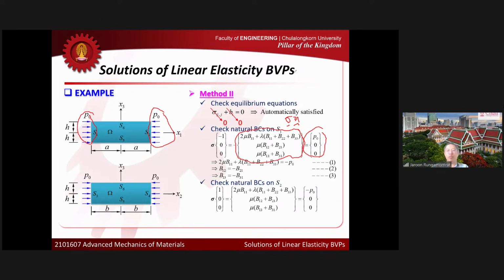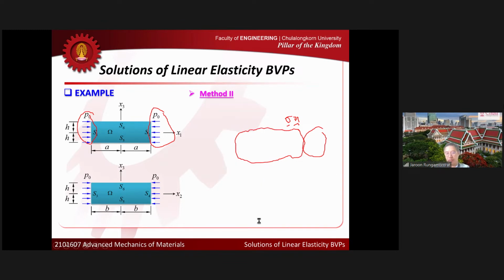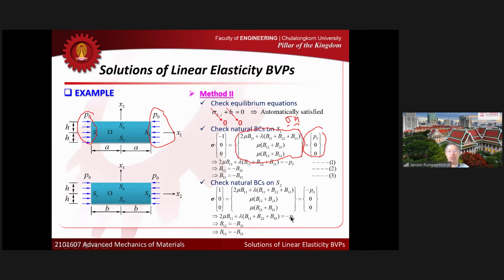So this ends up with 3 conditions as well, like this. You can see that we get the condition exactly the same as for the surface S1, right? The reason that I didn't number all these conditions is that the first condition from this surface is exactly the same as the first equation there.